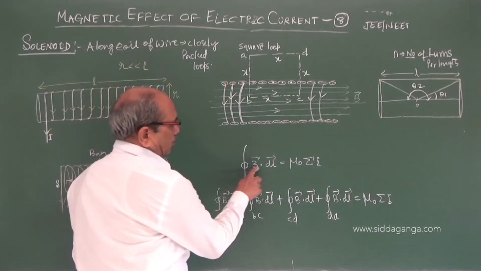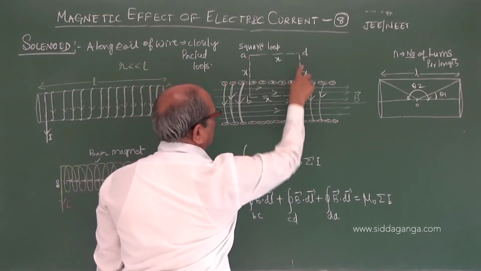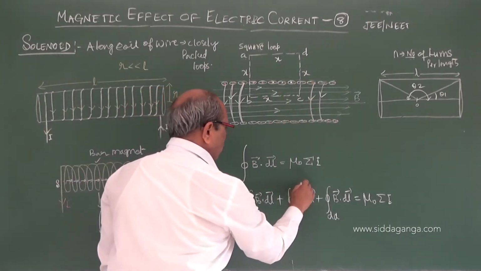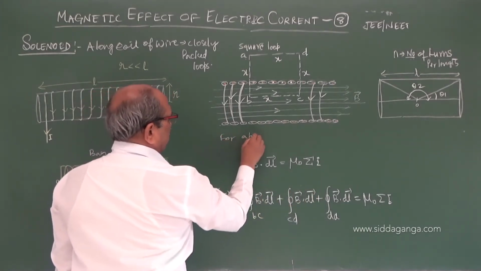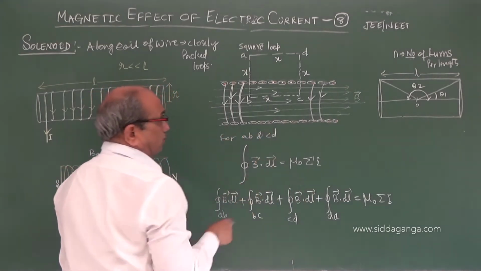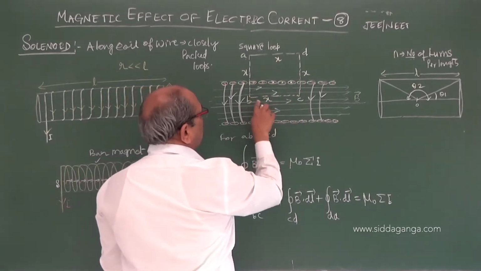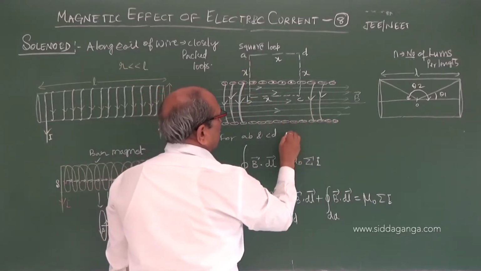But for B dot dl, if you observe, for the AB and CD portions of the loop which we considered, the length dl and B are perpendicular.